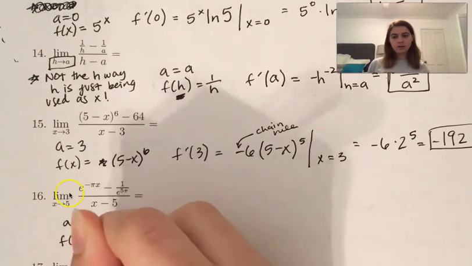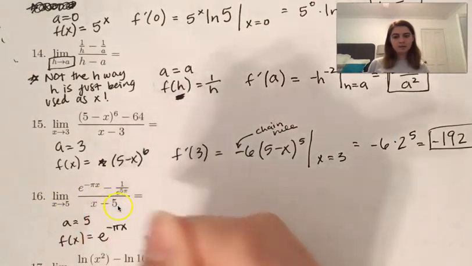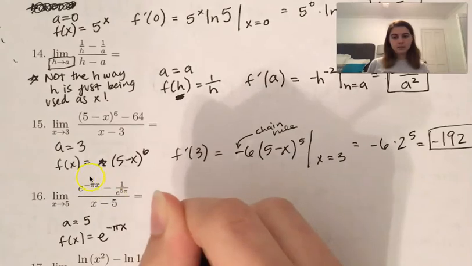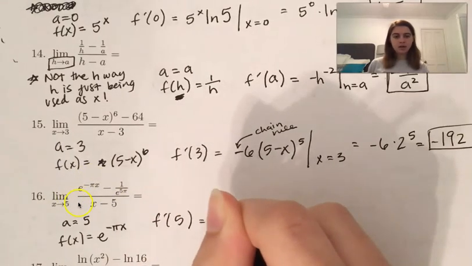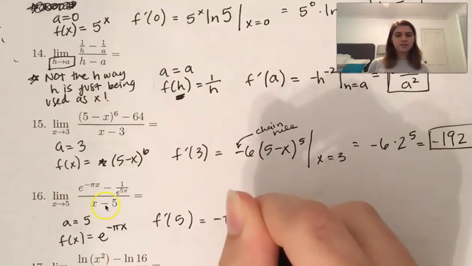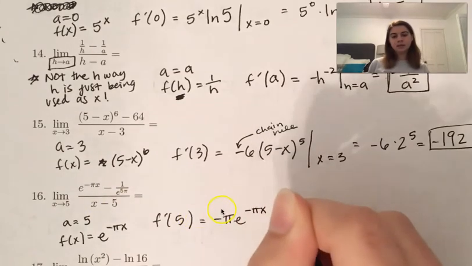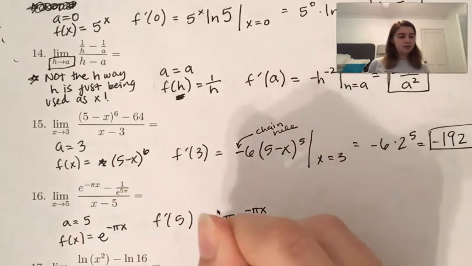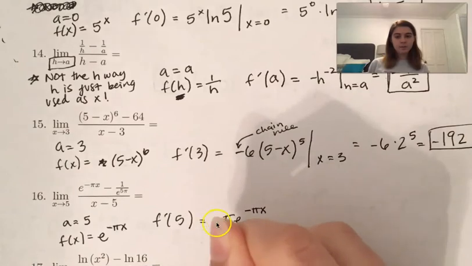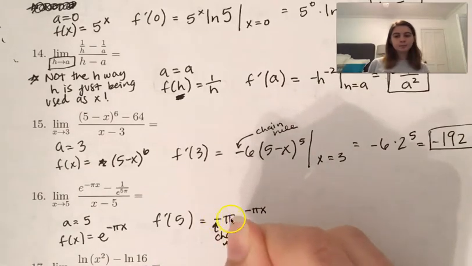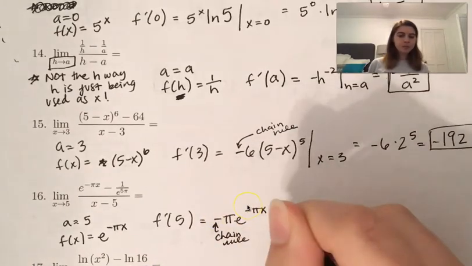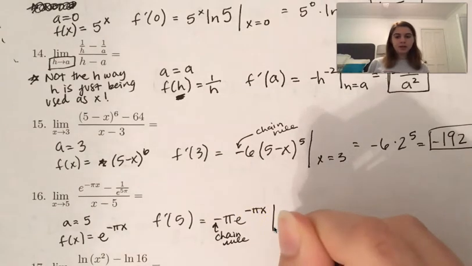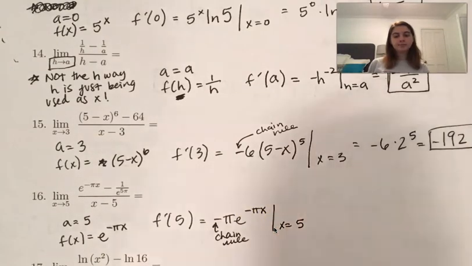So for this one, we got a is 5 here and here. Here's your function. Again, it's the non-h way, so you just take that function, plop it down, take the derivative. Again, we got this negative from the chain rule, hidden up here. Plug in your 5.